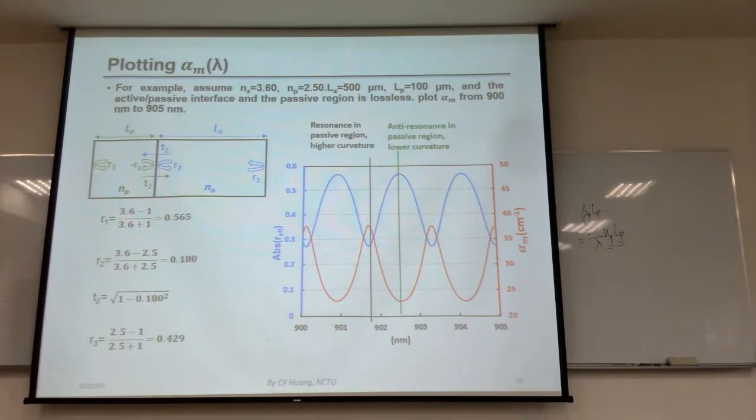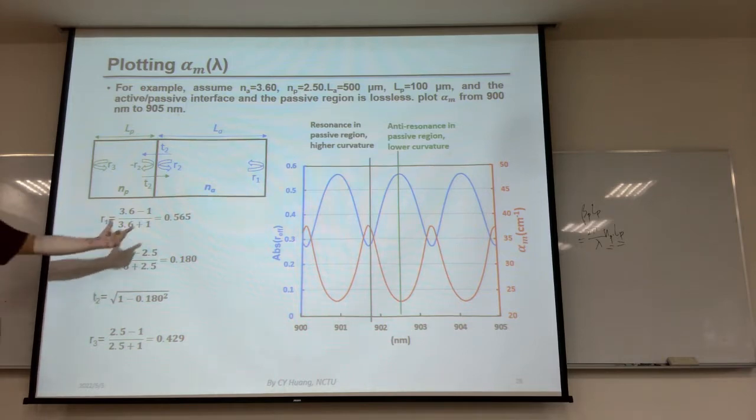All right. So let's try an example of an external cavity like this. Let's assume the active region has a refractive index of 3.6, which is common for gallium arsenide crystal, and the NP is 2.5. For some optical material, this number is also normal, 2.5.